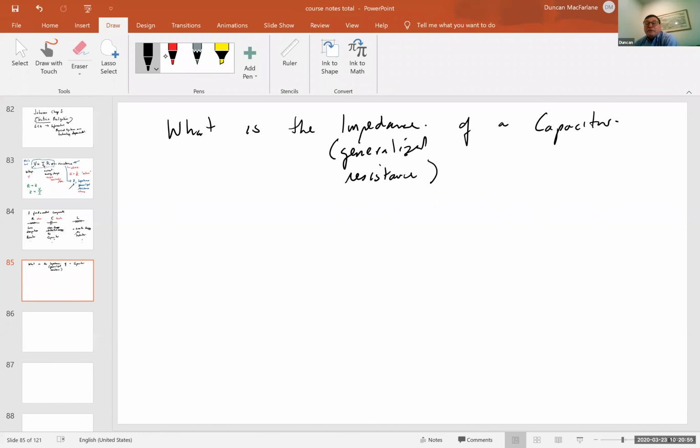And the way to do this is to start with the fundamental equation that describes what the capacitance is in terms of the current and the voltage. And I'm not sure if everybody has seen this equation. But it is the current is equal to the capacitance multiplied by the rate of change of the voltage.